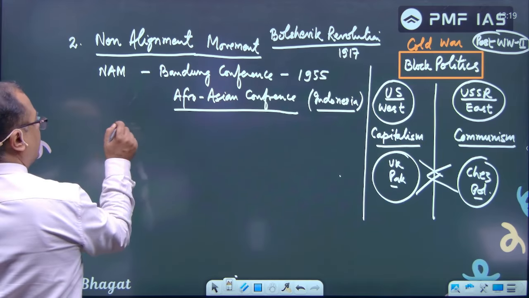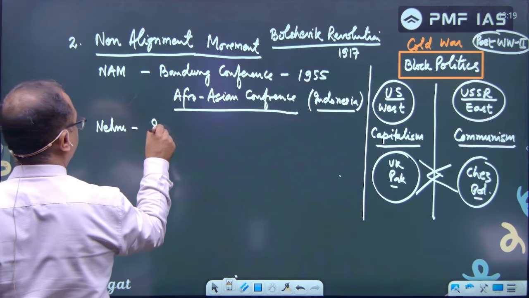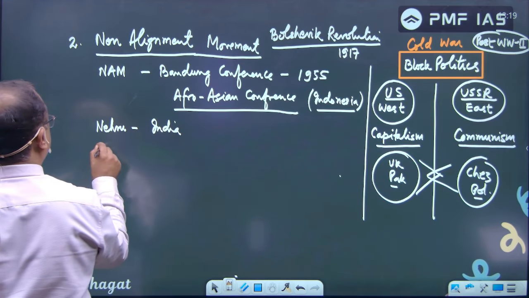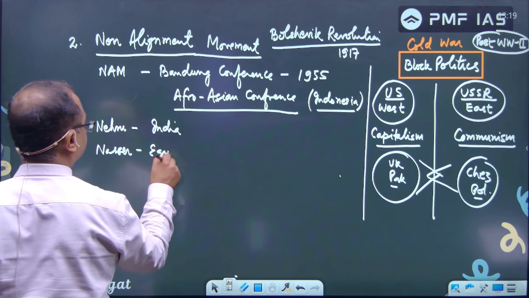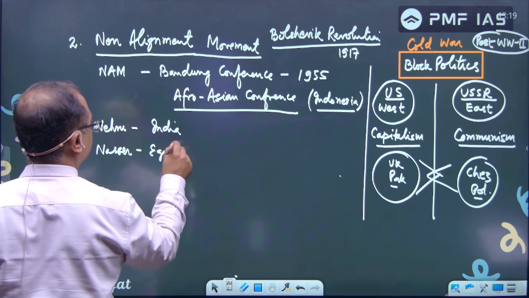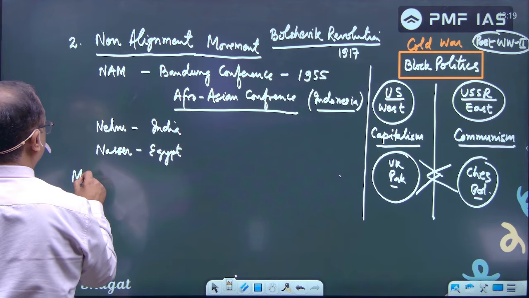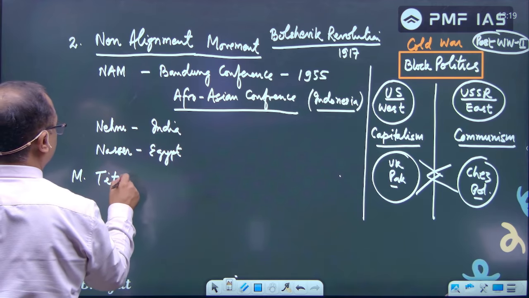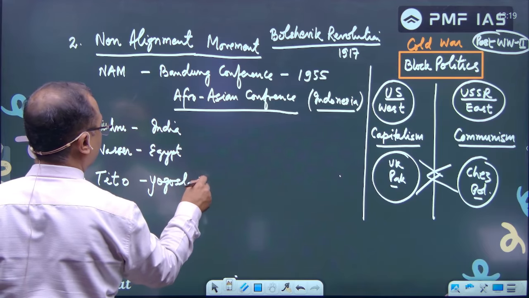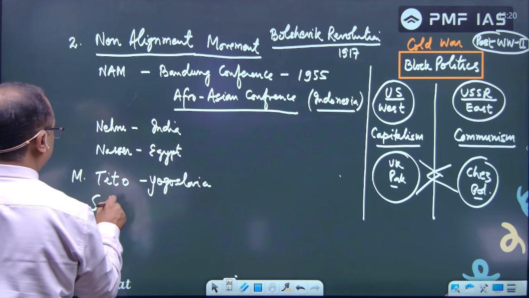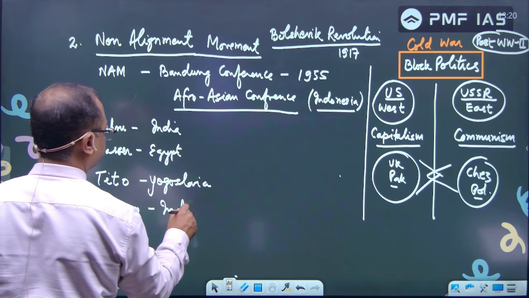And four prominent leaders were there: Nehru from India, Abdel Nasser from Egypt, Marshal Tito from Yugoslavia, and Sukarno from Indonesia.